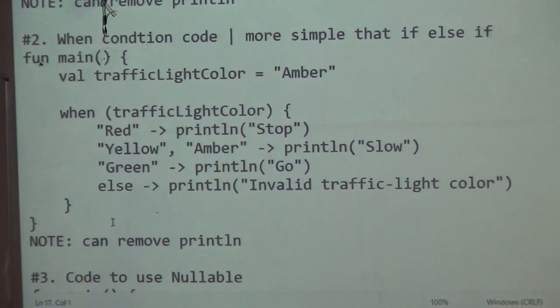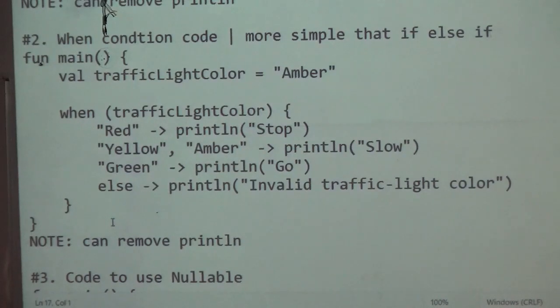So instead of that we work with when. You simply specify the variable, in our case the traffic light color, and if that variable is holding a particular value as you mentioned in the when statement, like red, yellow, green, accordingly the print values will be displayed.